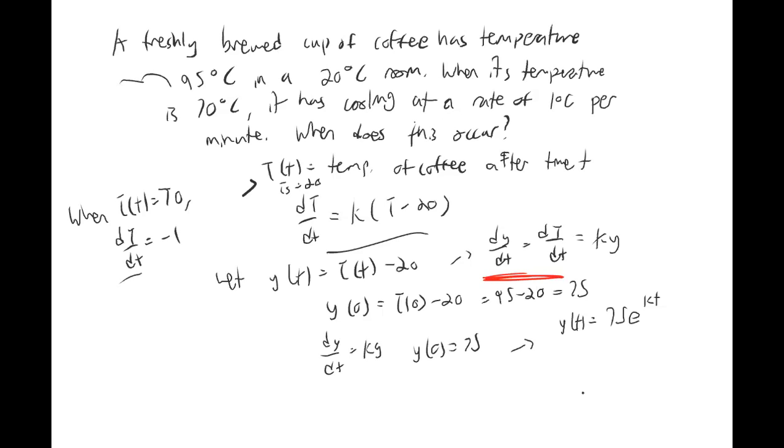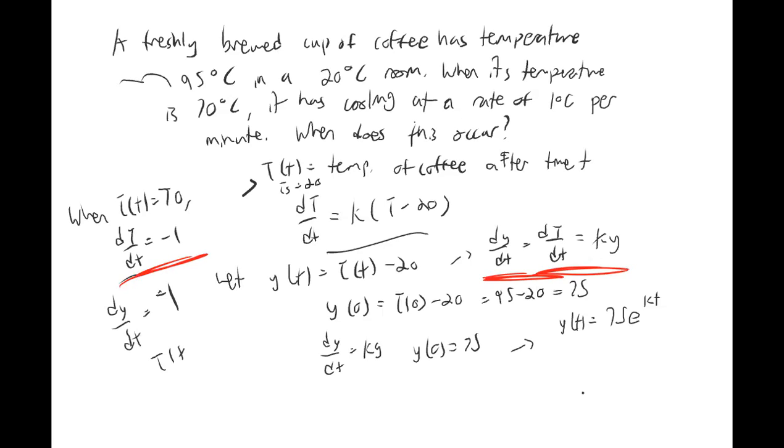As I wrote here, dy/dt is again dT/dt, so dy/dt is -1.